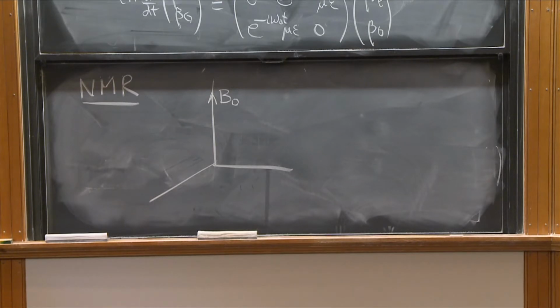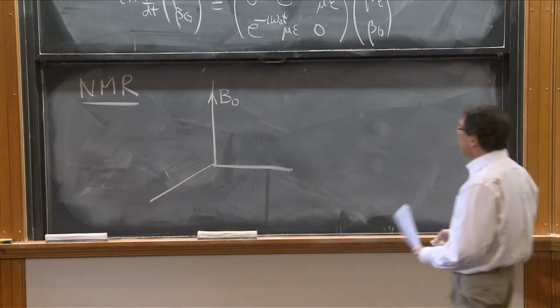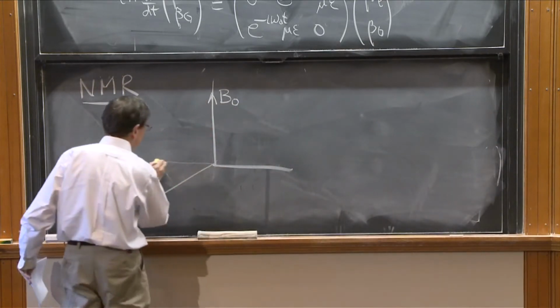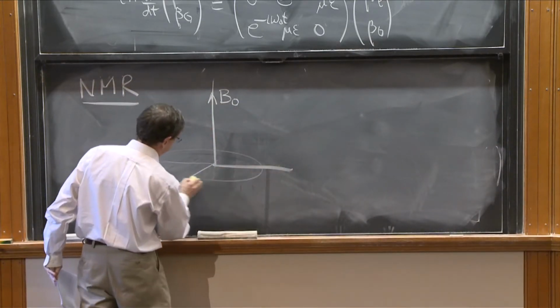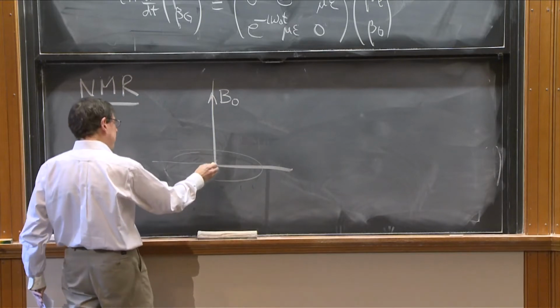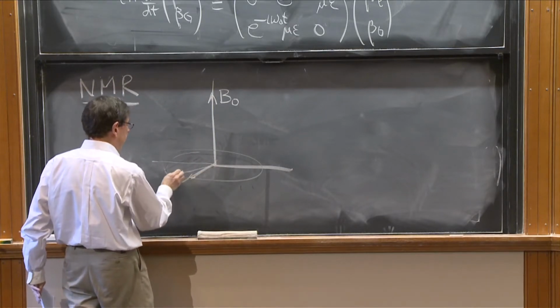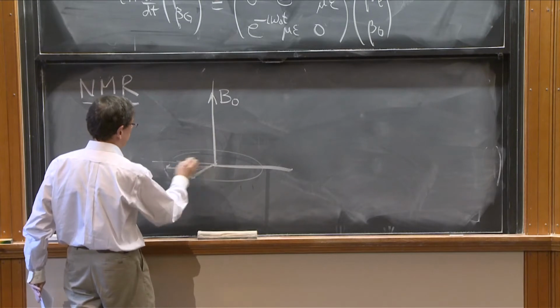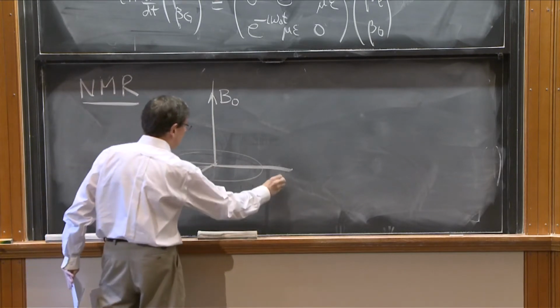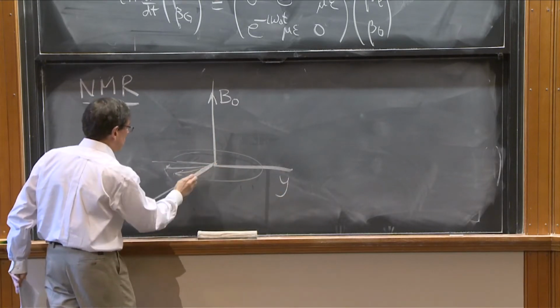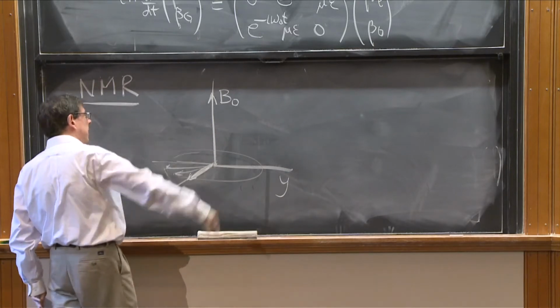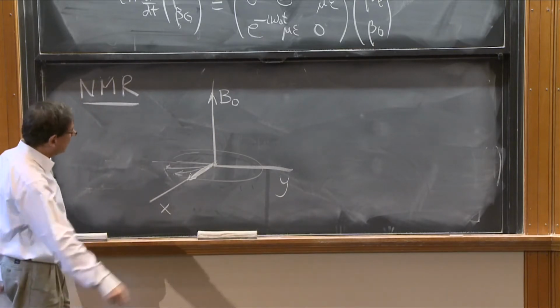B naught z, indeed. And then you're going to have some magnetic field that is going to be rotating here in time in the xy plane. We'll assume at time equals 0, it's here, and then it's rotating with some angular frequency omega.